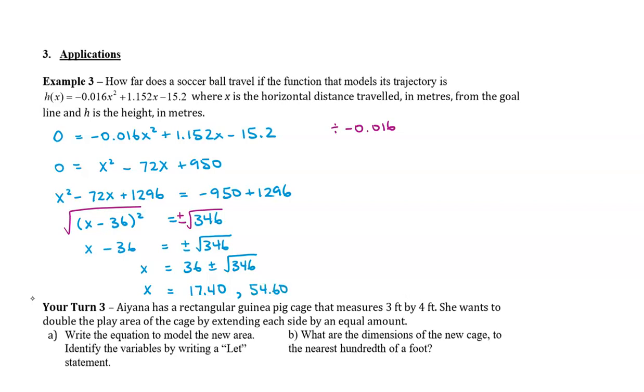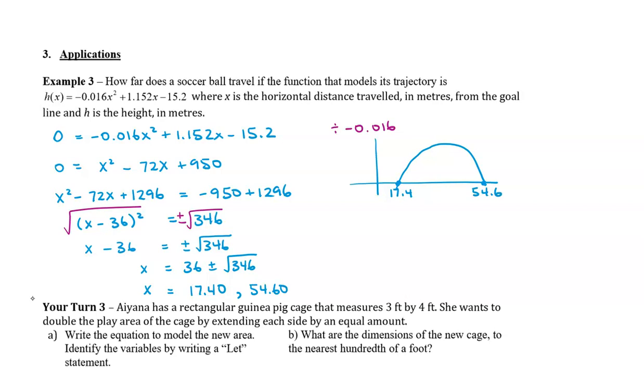So let's interpret what this means. So if I draw a graph, I have a soccer ball and it is kicked from here at 17 and then it lands over here at 54. So this point here is 17.4 and this point here on the x-axis is 54.6.